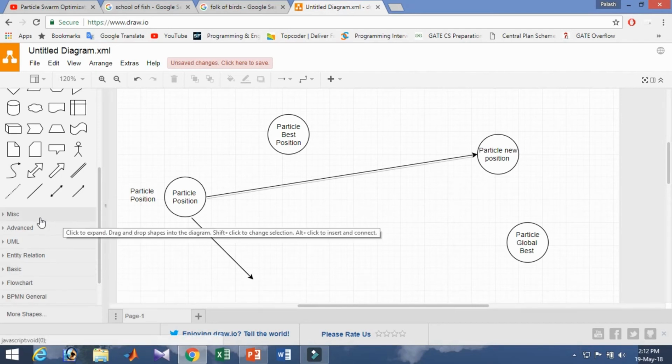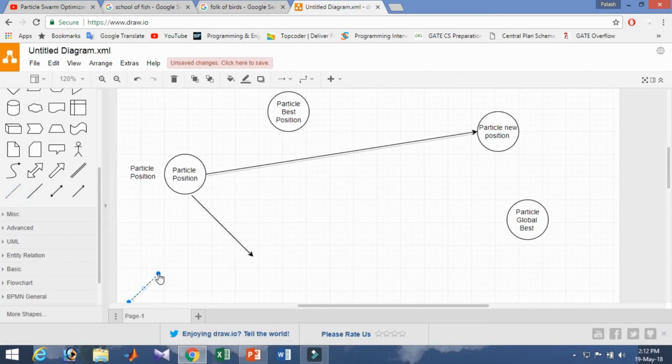What happened? Now the particle will go first from its best position in this direction, but instead of going there, it is going in another direction. The particle will go here, obviously here.